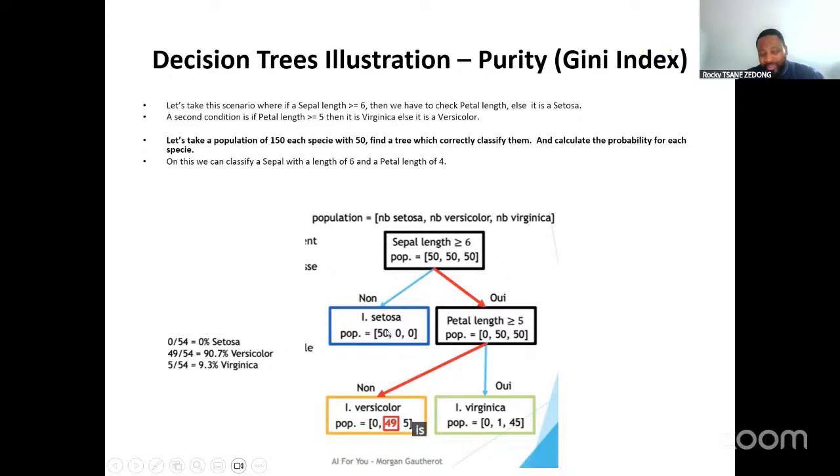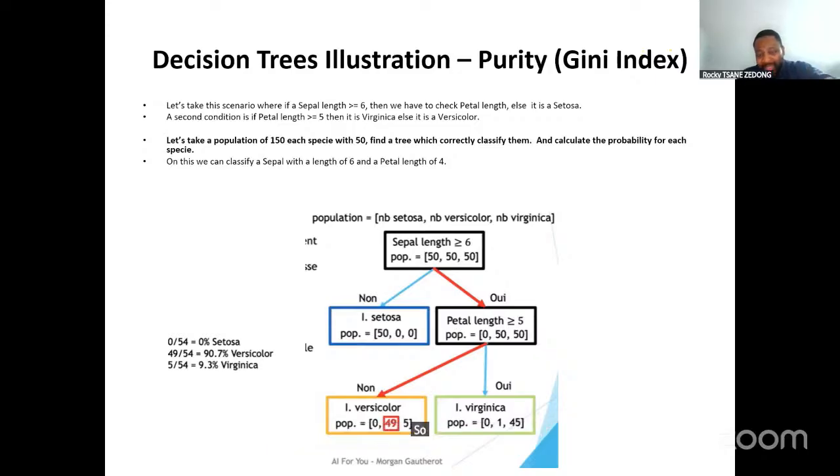If you have all setosa, it's classified here. Otherwise we have both virginica or versicolor in our data sets.